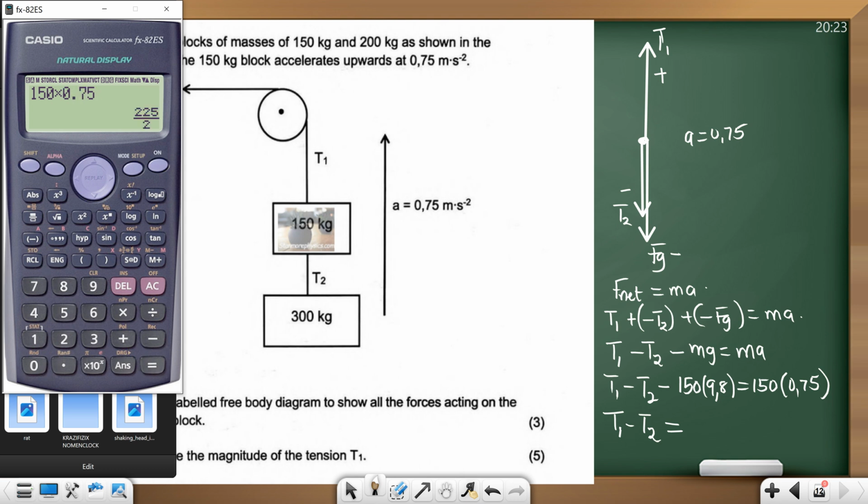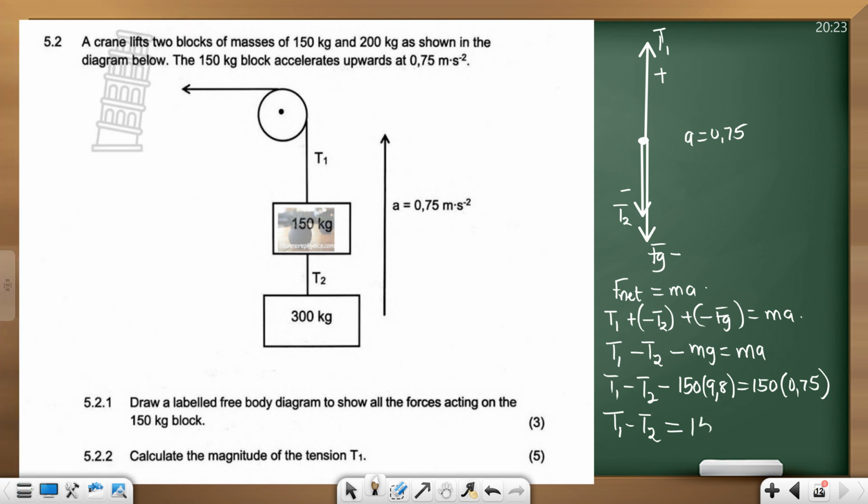And if I move that other one over, it becomes a positive 150 times 9.8. Okay, so T1 minus T2 is 1582.5. May I ask, is that making sense so far to you? Are we in agreement with that?